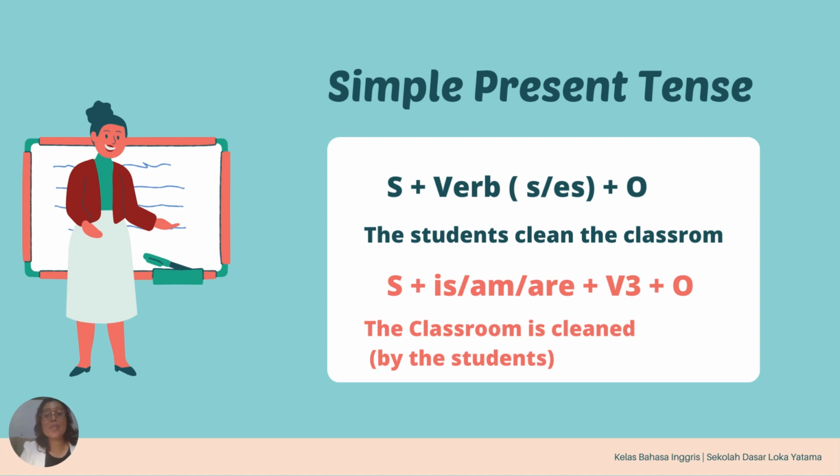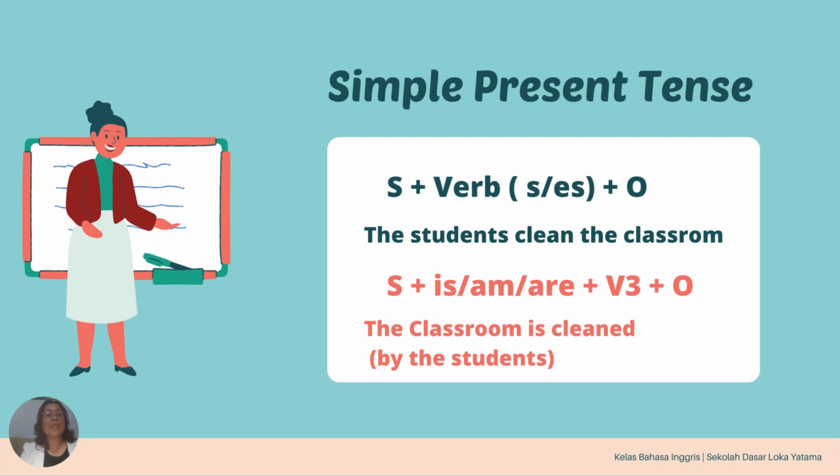Okay, the classroom is the object of the active one, but becomes the subject in the passive one. Because this is simple present tense, we use is as be, and the classroom uses is because the pronoun becomes it, and clean becomes cleaned because the verb three of clean is cleaned.